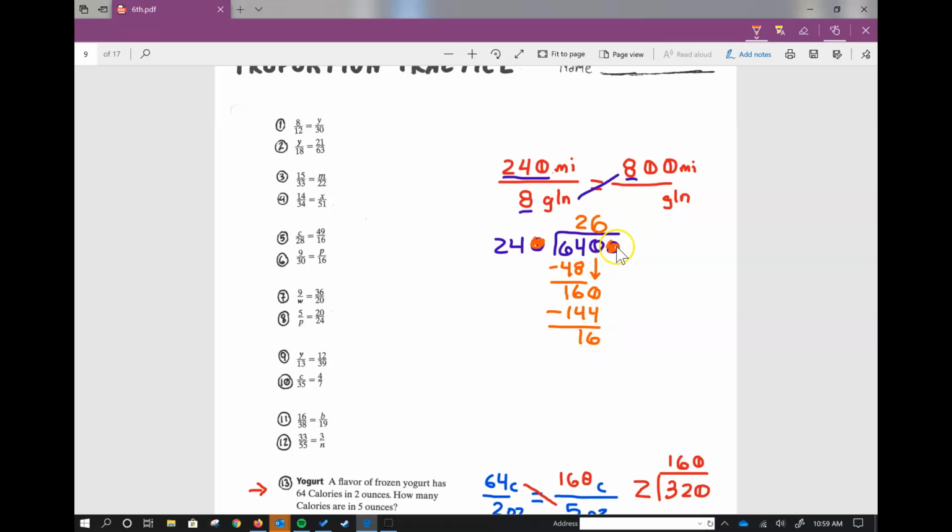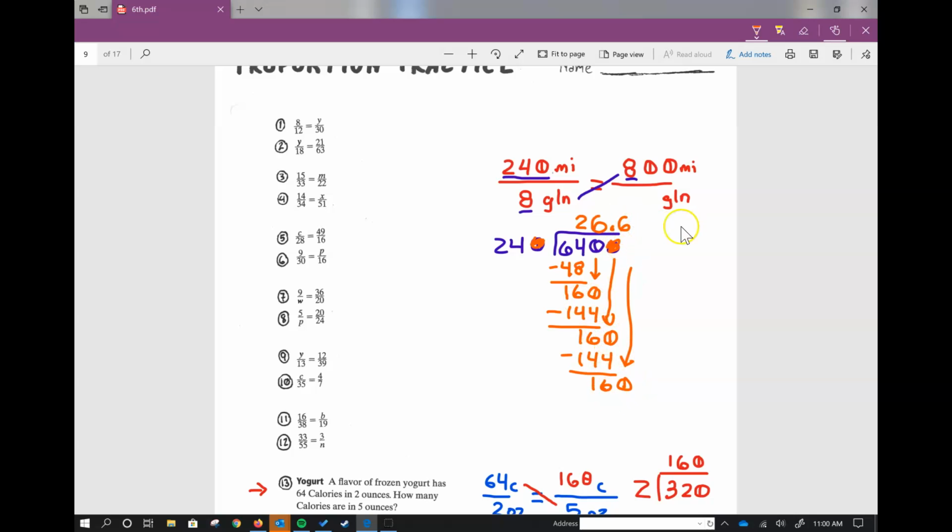Okay, we don't have a 0 here anymore, so we've run out of numbers in the house of division. When that happens, we have to put a decimal point in our answer and start bringing down ghost zeros. We have another 160, same as we had here. We know that 24 can go into 160 6 times. That's going to give us 144 again, which is going to give us 16, which means we're going to bring down a ghost 0 and just go through this over and over again.